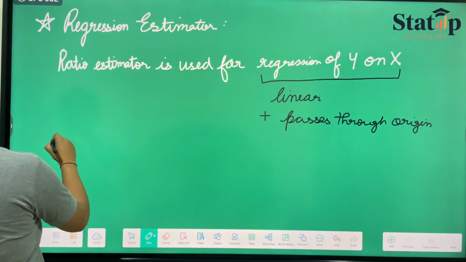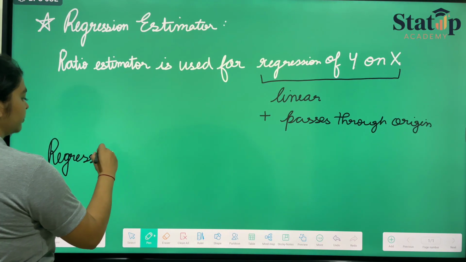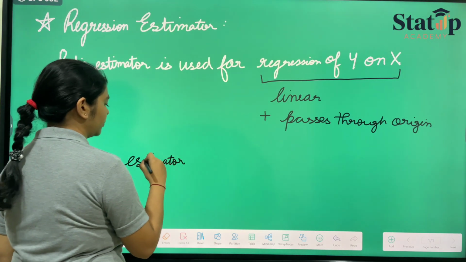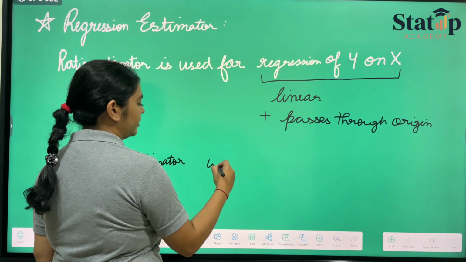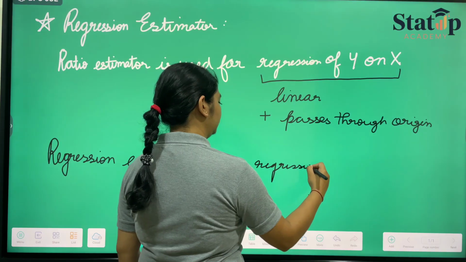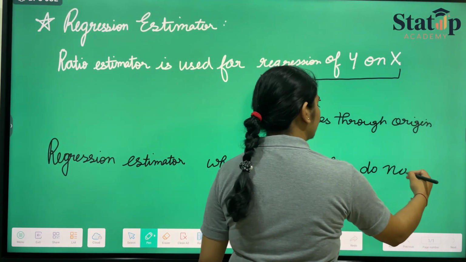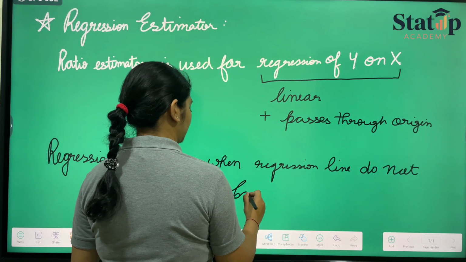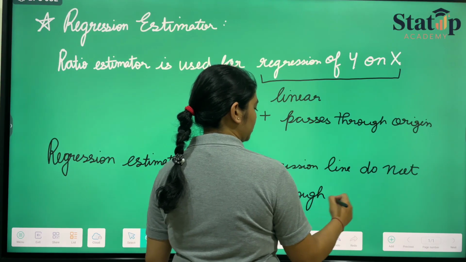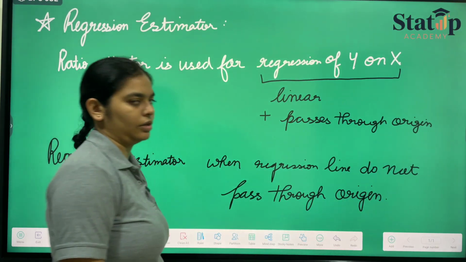Regression estimator is best when the regression line does not pass through origin. In this scenario, we use regression estimator.